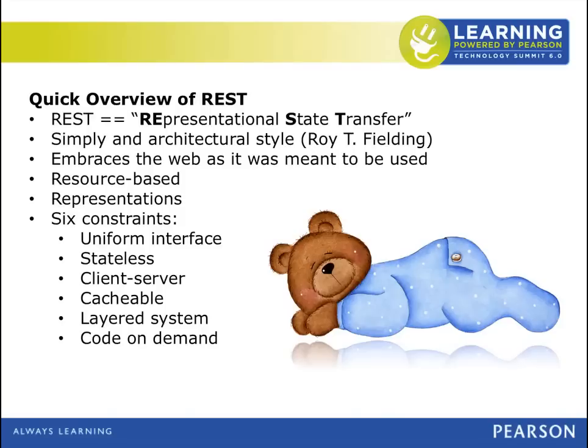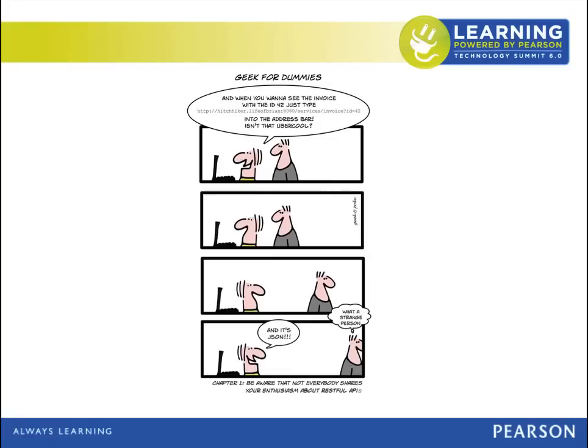Uniform interface, stateless, client-server, cacheable, layered system, and code on demand. I'll just go through each of those a little bit here, but I kind of got a kick out of this comic. Did anybody read Geek for Dummies? "When you want to see the invoice with the ID 42, just type this whole big long phrase ending in ID equals 42 into the address bar.